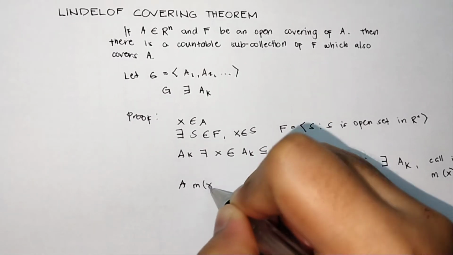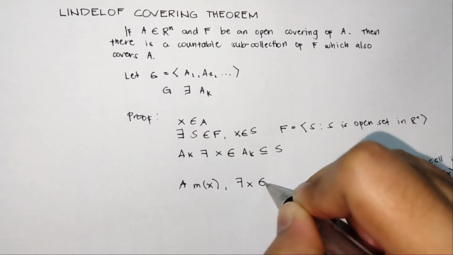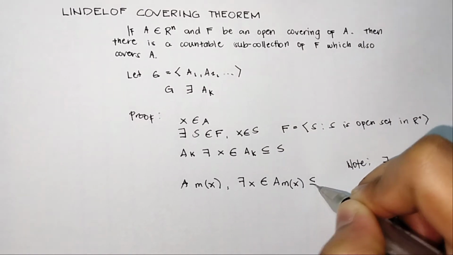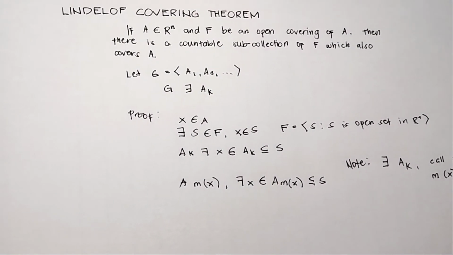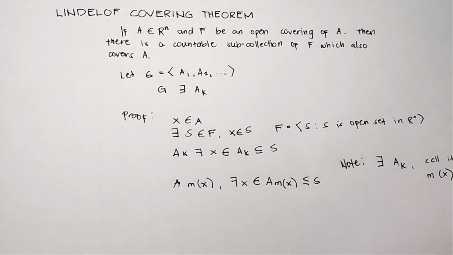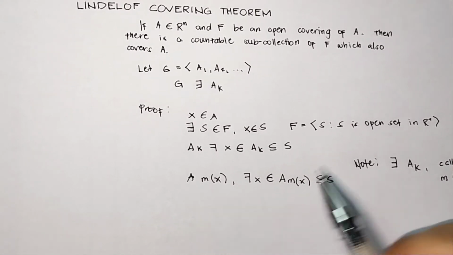So A_{M_x} is such that x is an element of A_{M_x}, a subset of S. Now we have A_{M_x}, right?